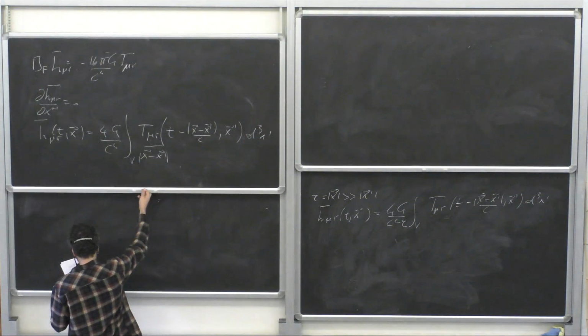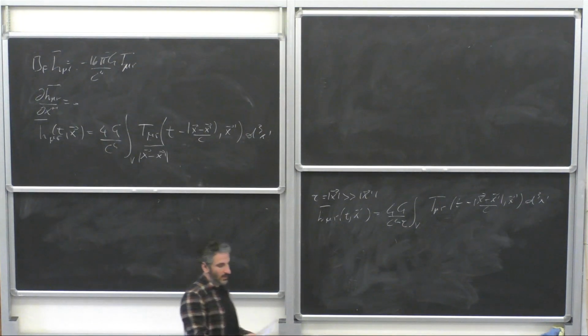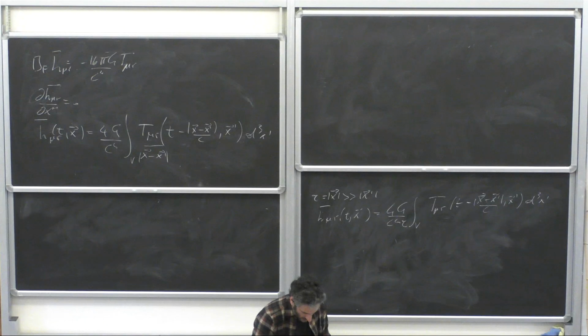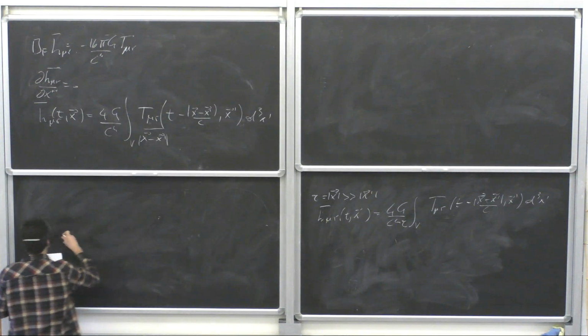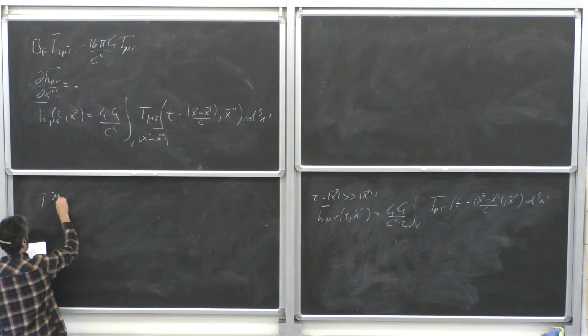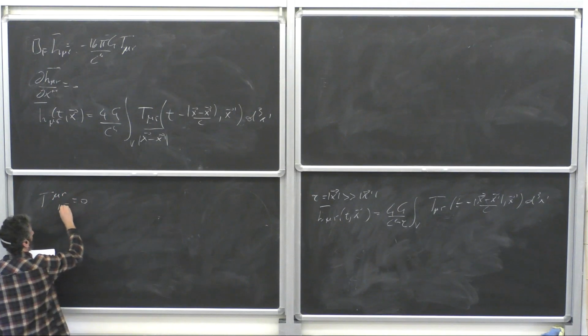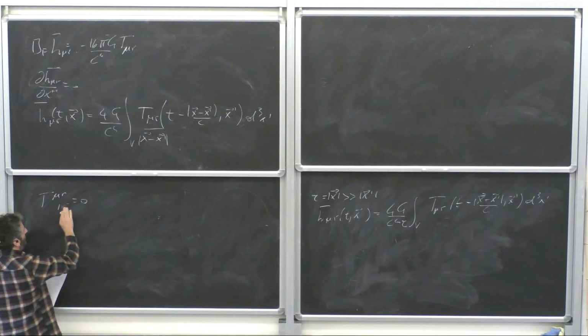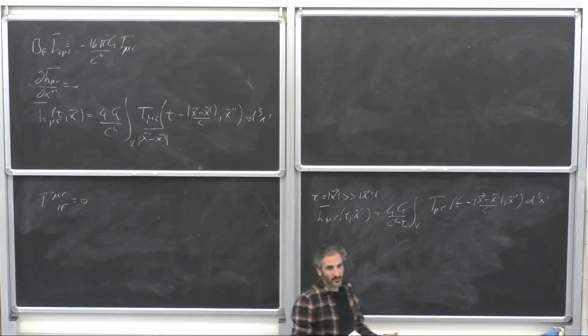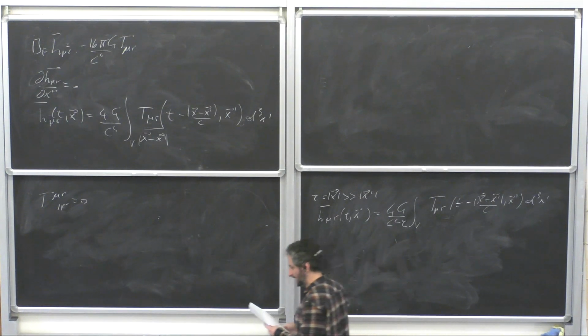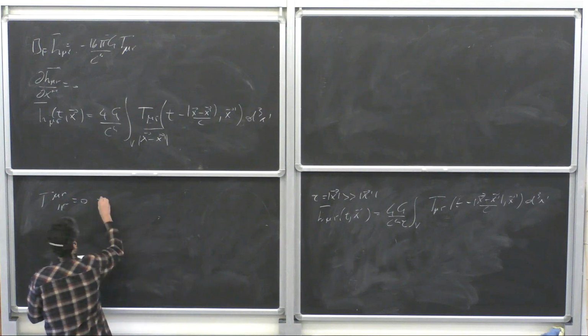And to do this, we are in flat spacetime, so let's start from the divergence of T mu nu equal to 0, that in this case really means conservation of energy and momentum.